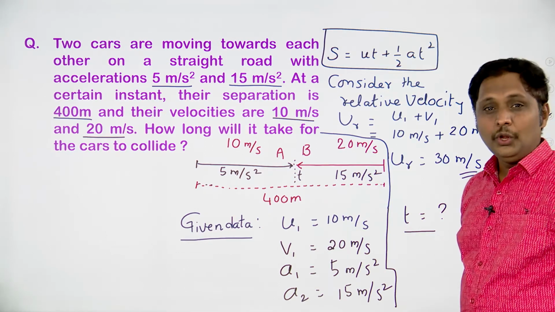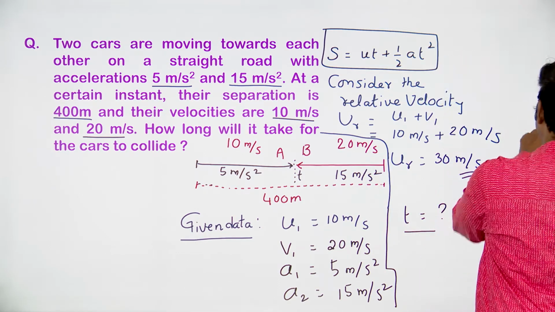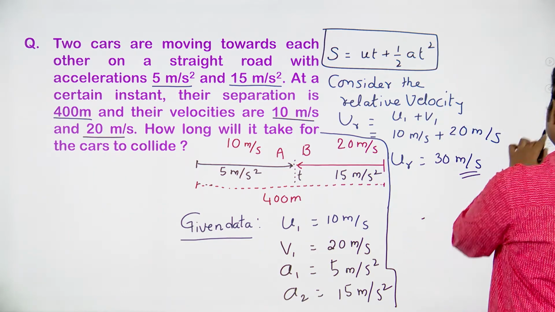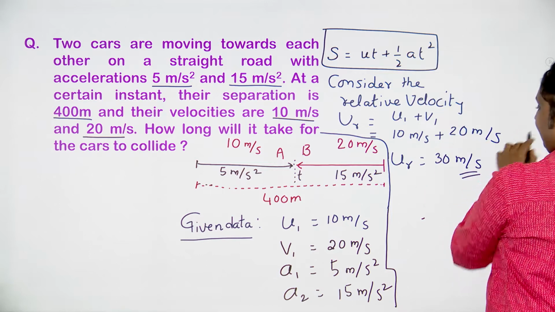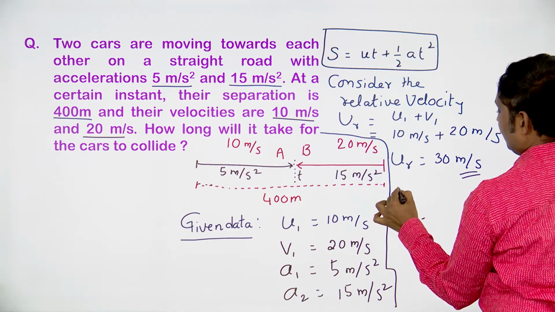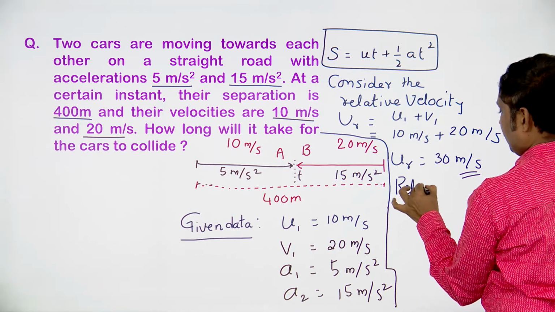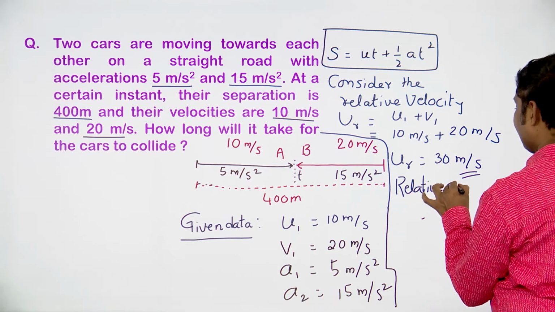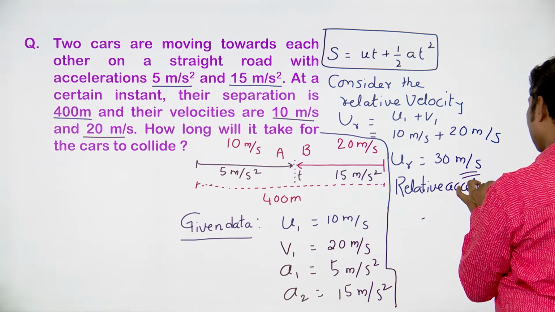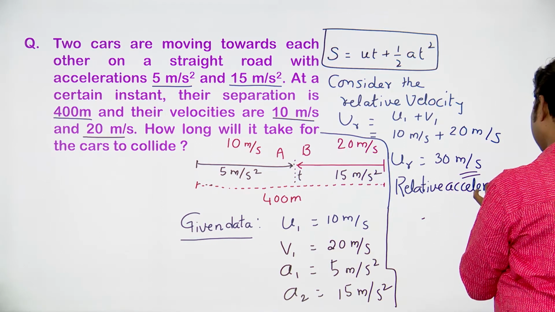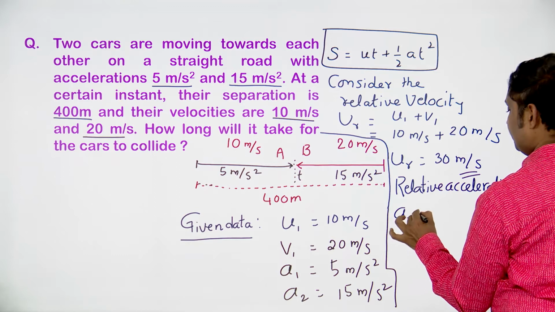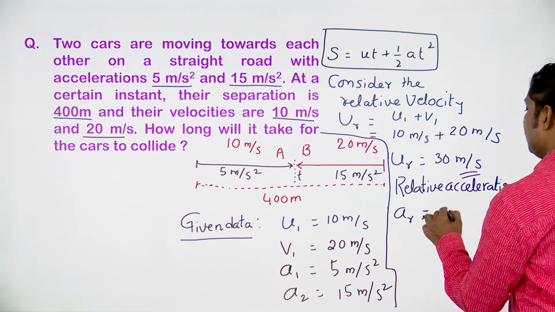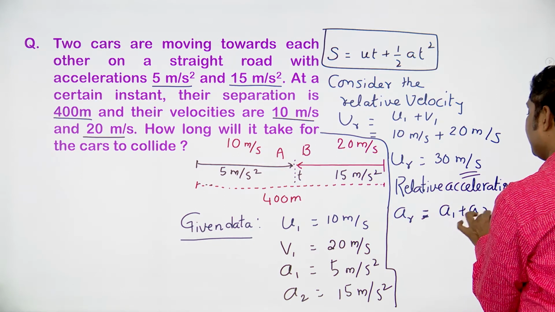Now you can have a look at the relative acceleration. Relative acceleration, that is AR is equal to A1 plus A2.